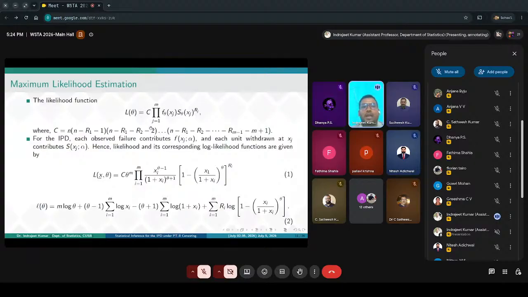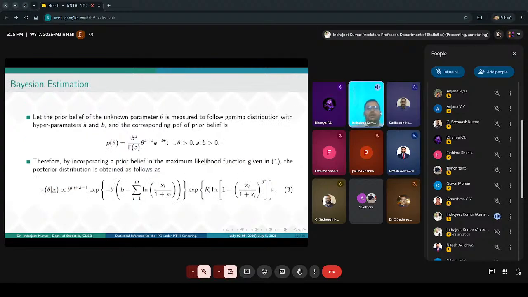This is the likelihood function of the progressively censored failure observations: this is the PDF, this is the survival function, and this is the removal. For the inverse Pareto distribution the likelihood can be written as equation 1, and the corresponding log likelihood is given by this. To find the maximum likelihood estimates, we have to maximize this equation using some calculus method.